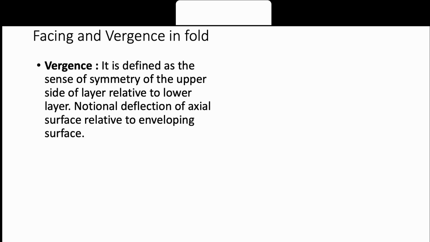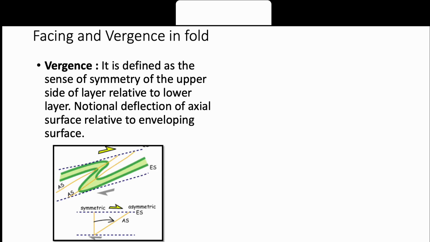Next, we discuss two critical concepts: facing and vergence. Vergence is the apparent direction of fold symmetry when viewed in cross section. It tells us how the upper part of the fold has shifted relative to the lower part, as shown in the figure.